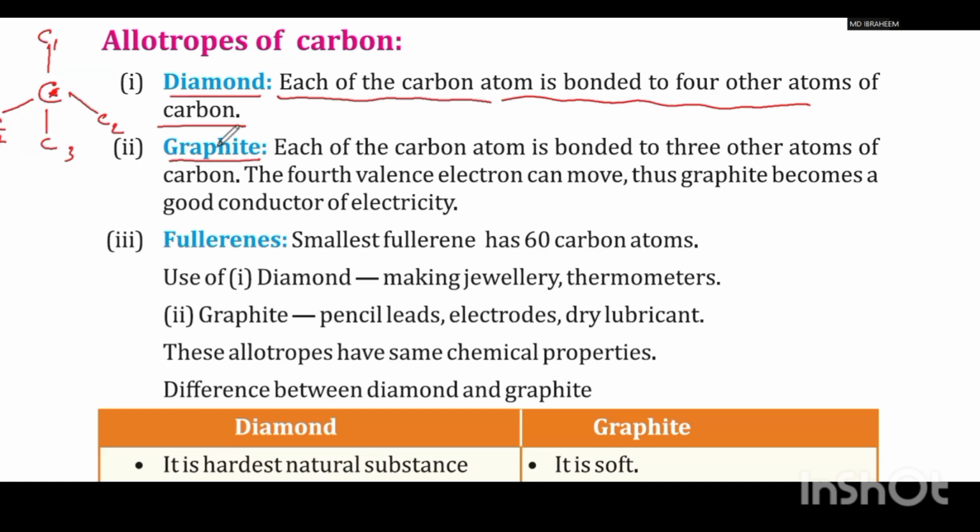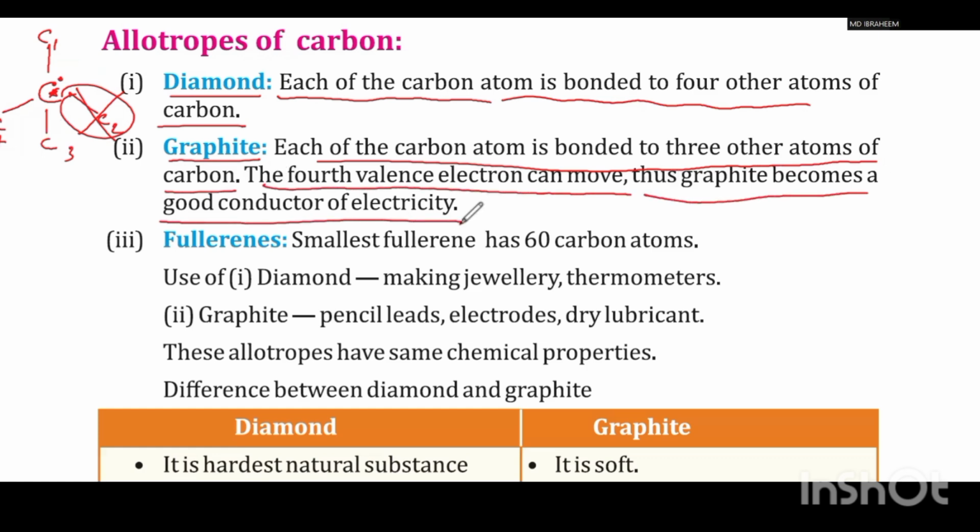Well, in graphite, each carbon atom is bonded to 3 carbon atoms. It means one electron is free: the fourth valence electron can move, and thus graphite becomes a good conductor of electricity. This is the explanation that graphite is a good conductor due to the presence of a free electron.